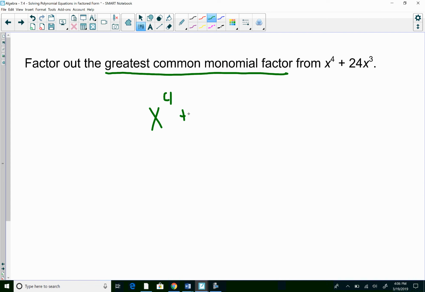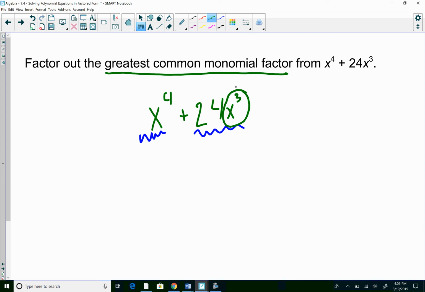Okay, now what that means for those of you who might have struggled with this or maybe aren't done with your homework from today, what you want to do is find the factor that occurs the least often, I guess you could say, or the number or variable that you can take out the most. And for us, since you don't have any leading coefficient in front of that x to the 4th, you can really only take out a variable.